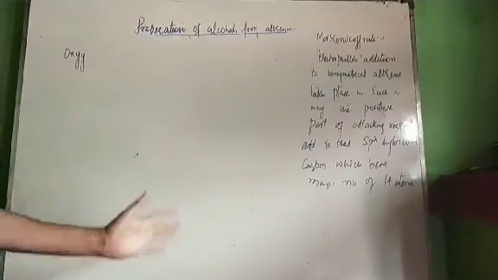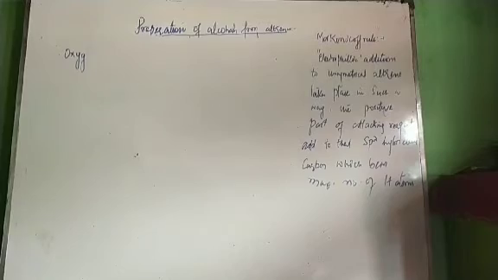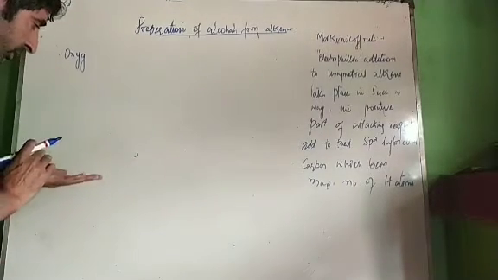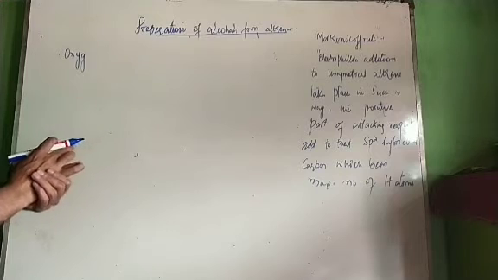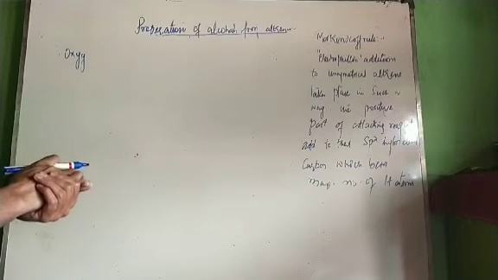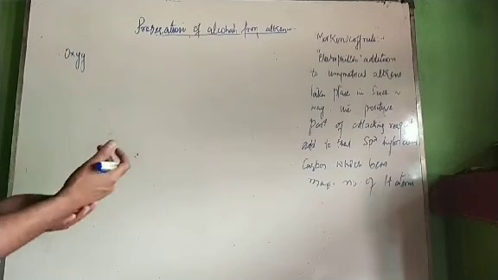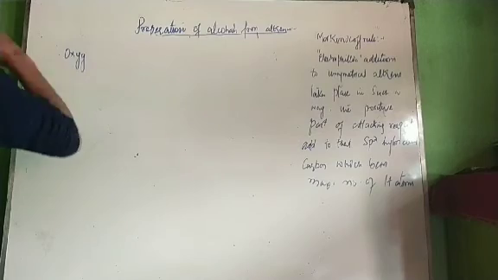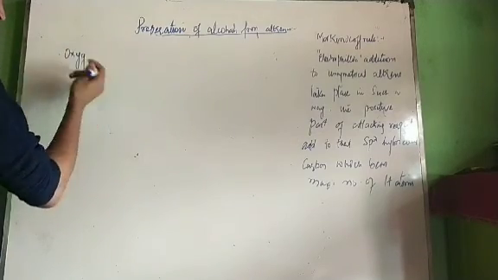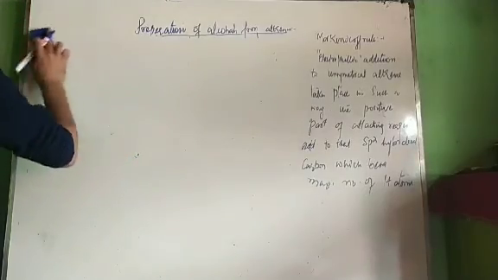If anyone tells you it does not follow, he is wrong. I have seen a number of videos on YouTube where it is said that hydroboration oxidation does not follow Markovnikov's rule, that it's anti. It's not anti. It follows Markovnikov's rule. Now one more type of reaction is oxymercuration.